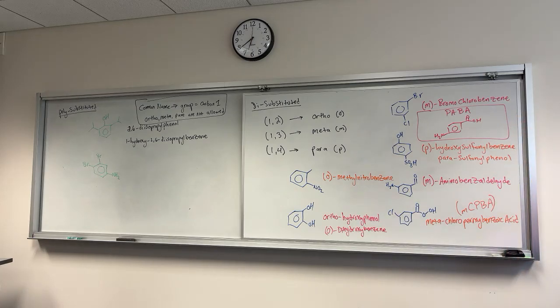You know, IUPAC does get cluttered and confusing sometimes, and so I'm never going to give you structures that I look at and think that name is probably too convoluted. However, it is useful to understand how to prioritize a lot of these.